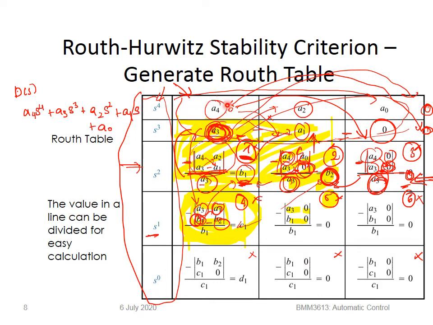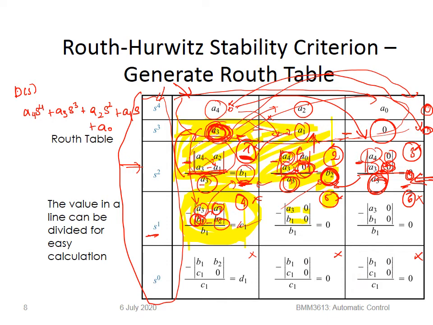If they are all multiples of 10, you can divide every value A4, A2, and A0 by 10 to make the figures smaller and easier for calculations. So if the values in a line can be divided by a certain number, you can reduce the numbers. That is not a problem.